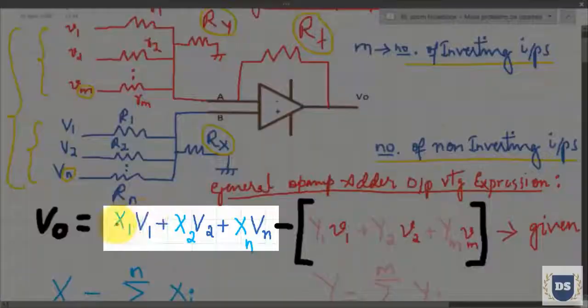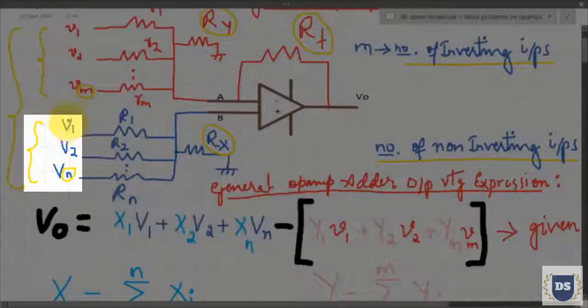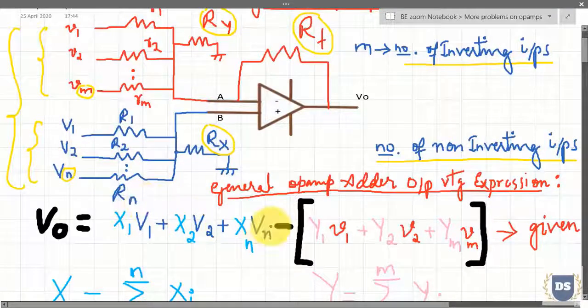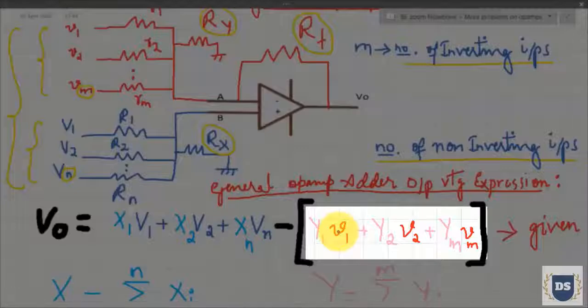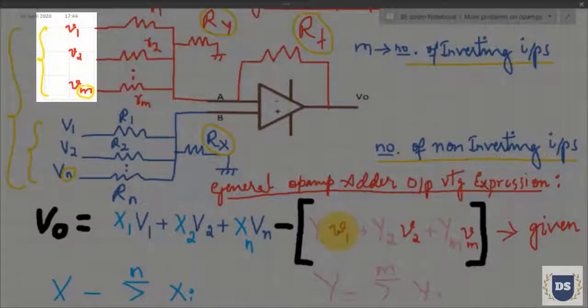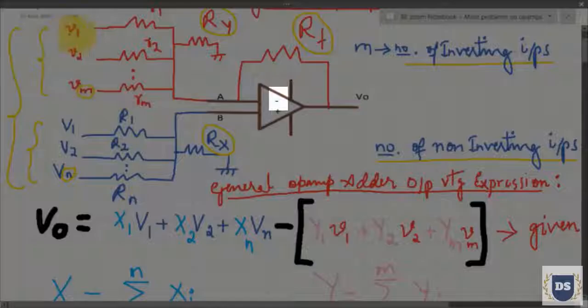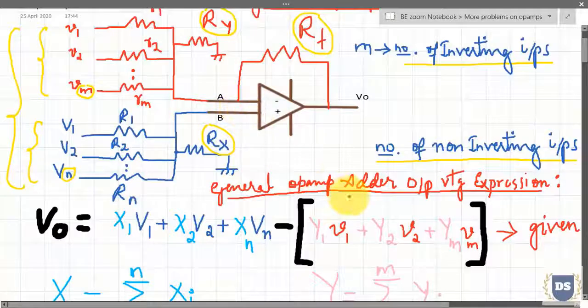The ones associated with capital X are capital in nature, so we are representing non-inverting input voltages V1, V2 till Vn. In a similar way, within the square brackets I have used small letter v, which indicates the voltage sources associated with the inverting input terminal: v1, v2 till vm.